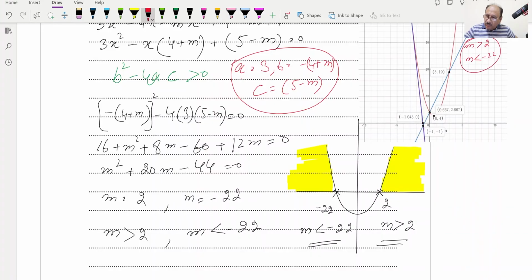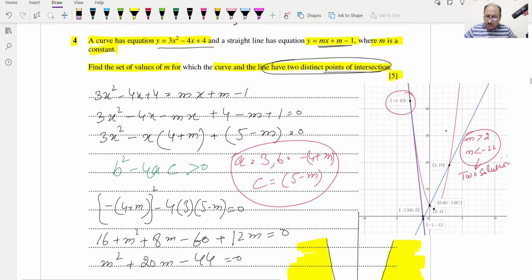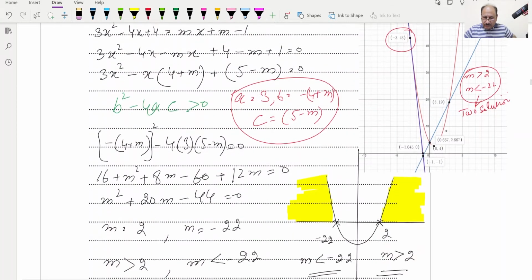So if we are taking in between that one, we will be getting two distinct solutions. So two solutions for this one, and one solution for m is equal to 2 and m is equal to minus 22. It will be one solution, and out of this range there will be no solutions for that one. Hopefully you understood this.